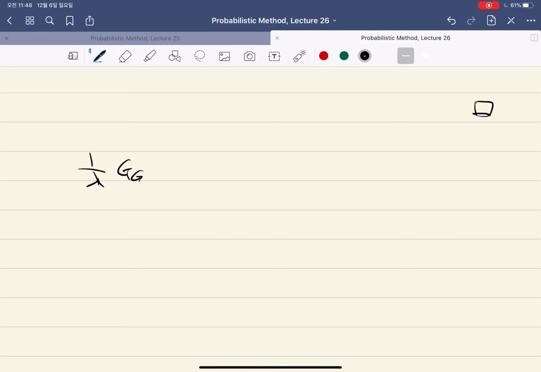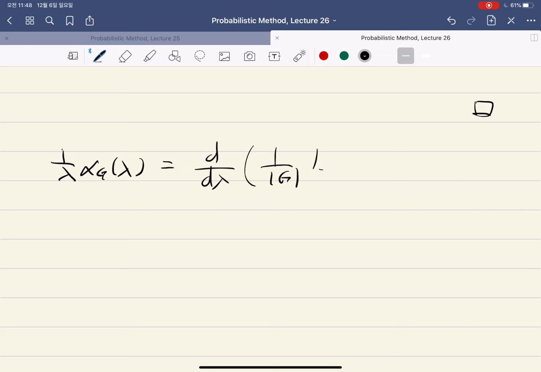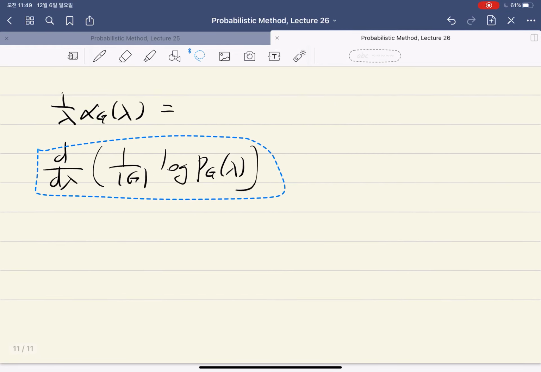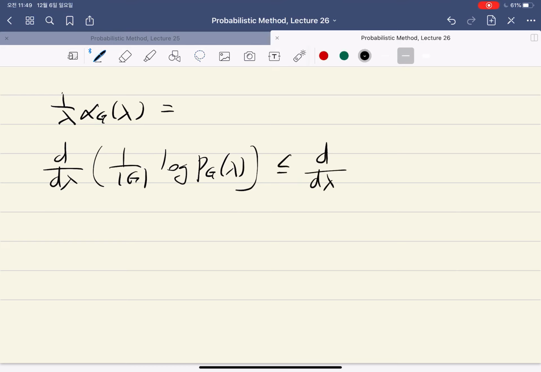And with this, we know this is actually maximized when G is K_{d,d}.